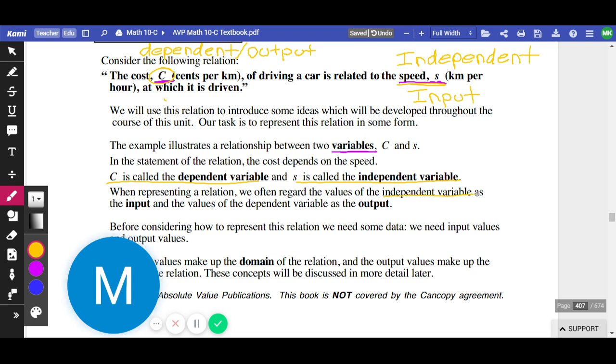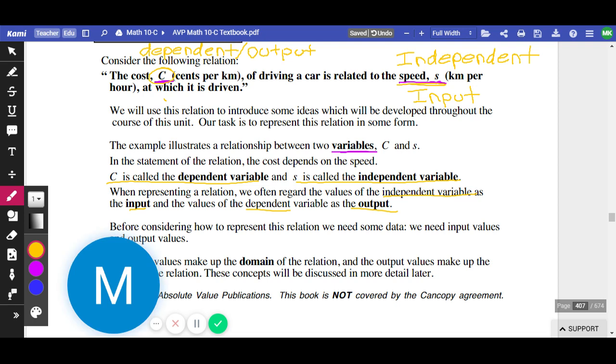The independent variable is the input, the dependent is the output. I like to think of it as independent input, in and in. I'm not very good at using this terminology, independent, dependent, input, output, but I'm going to try to get a little better at it so you get used to hearing it more often, because the more you hear it, the more likely you are to use it as well.